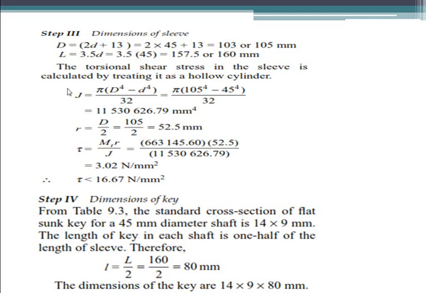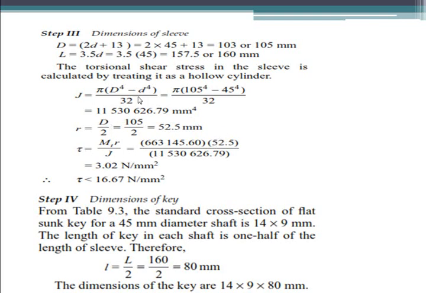And we can find out whether the stresses are within the limit or not. We got the permissible stress of 16.67. We are going to find out the tau for the sleeve, T r by J. The T will be already calculated, and r will be D by 2, which will be 105 by 2, 52.5, and J is the polar moment of inertia, pi into D power 4 minus small d power 4 by 32.